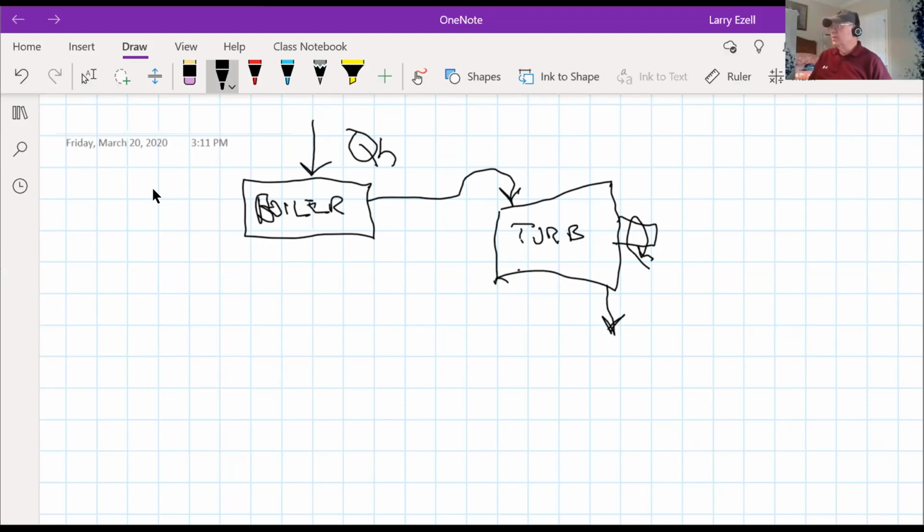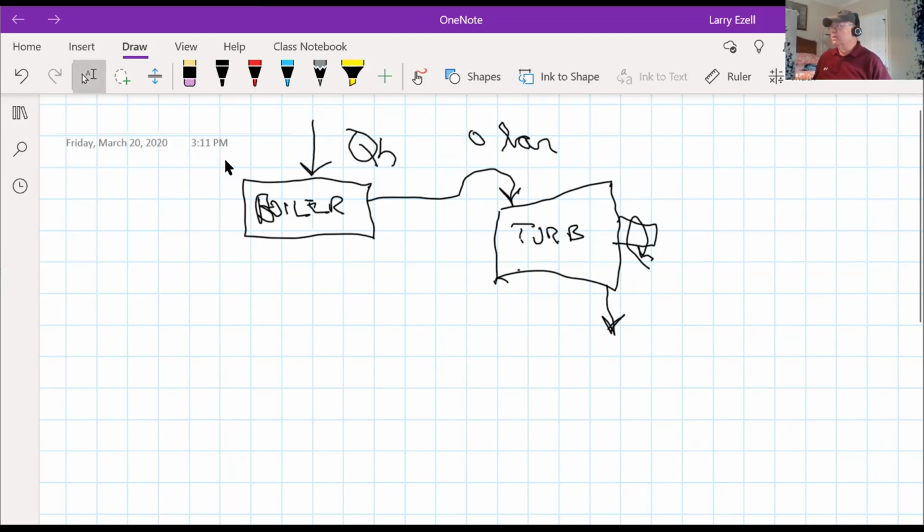But here the pressure might be, let's see, 3,000 divided by 15. That's 200 bar. It never goes up that far. Let's say 100 bar, and that's a high pressure.